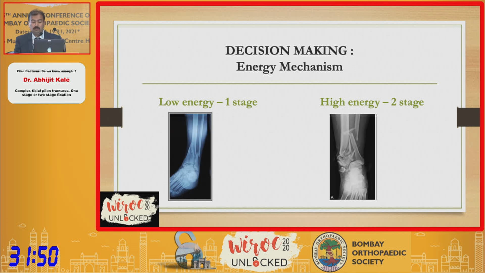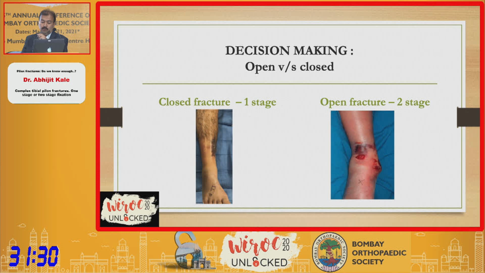So what are the factors which decide when to go for a single stage and when to go for a two stage? Basically, if it's a low energy injury with a lesser degree of comminution, away from the joint, one can go for a single stage. However, with a greater degree of comminution, one may think of going for a two stage.